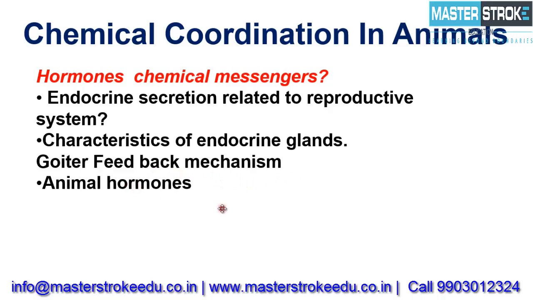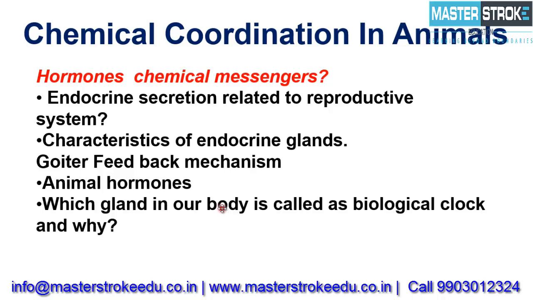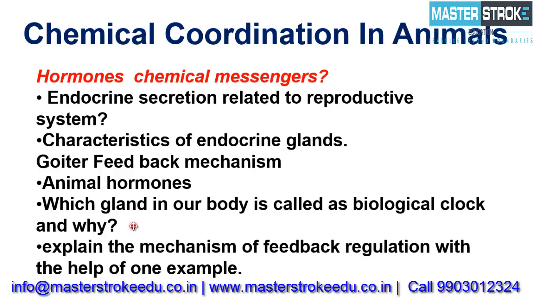Animal hormones, different types of animal hormones and their functions, especially the role of insulin, glucagon, tropic hormones, thyroid hormone, very important, and reproductive hormones. Which gland in our body is called the biological clock and why? It is very important. Feedback mechanism explanation, regulation, okay, with example and diagram.